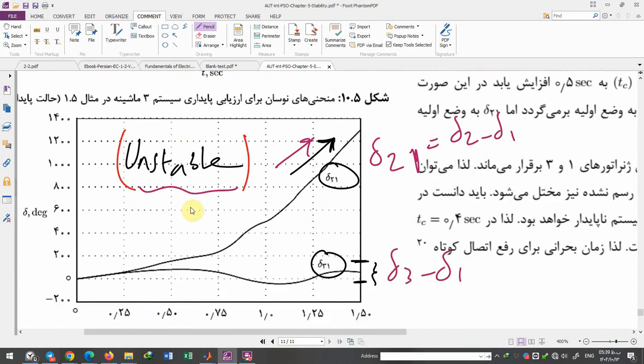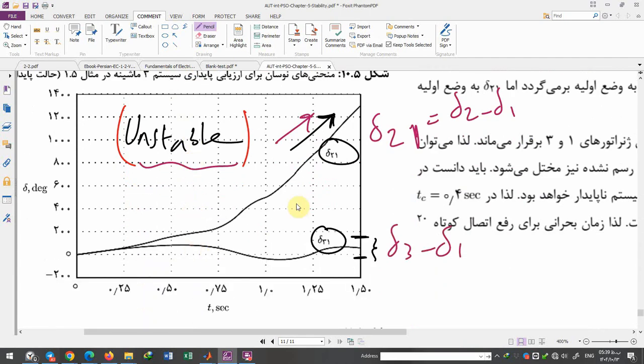In the unstable situation, this difference between two angles of two generators, in this picture you can see that delta 31 has synchronism, but delta 21 is not stable and goes to infinity, while delta 31 is stable, the amplitude of oscillation is limited.